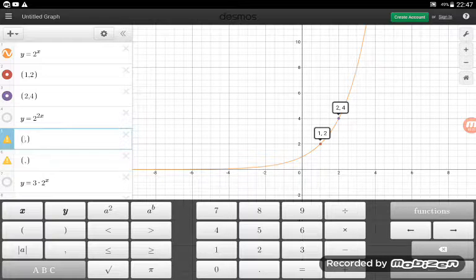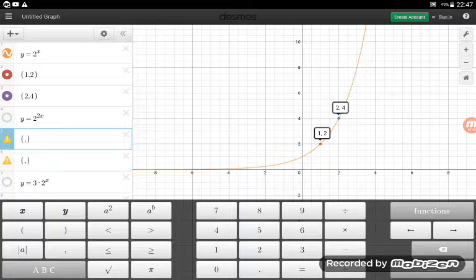What would that be? Please pause the video, take out your notes, and take a good guess on where the new coordinates of these 2 points will be.